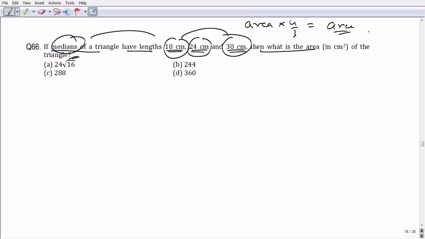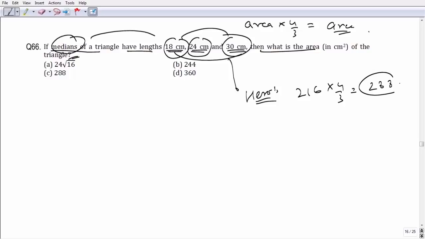And with that view, the area of this triangle can be easily calculated using Heron's formula, and that area will turn out to be 216, and 4/3 of this value, that is 288 centimeters square, will be the area of the actual triangle, leaving option number C as your answer.